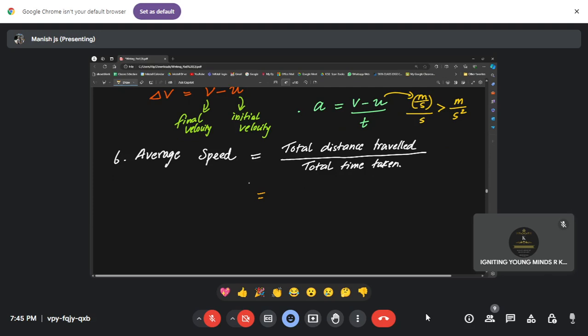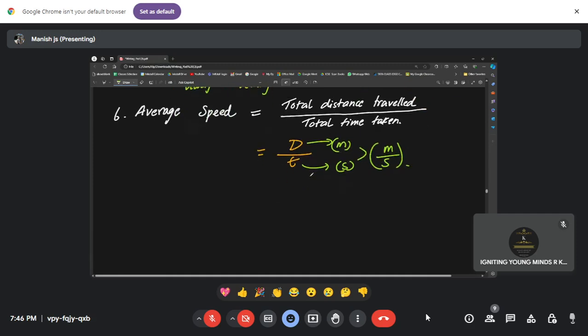So total distance traveled we can express using capital D upon T, and that makes the formula for average speed. And what about its unit? Distance is in meters, time is in seconds. You combine them and get meters per second, and that's the unit of average speed.